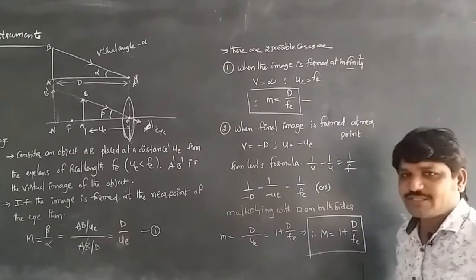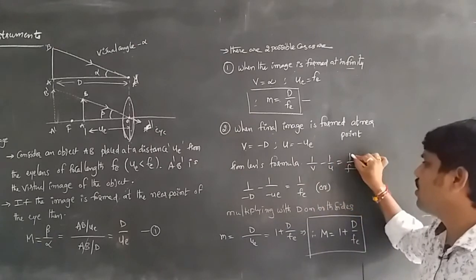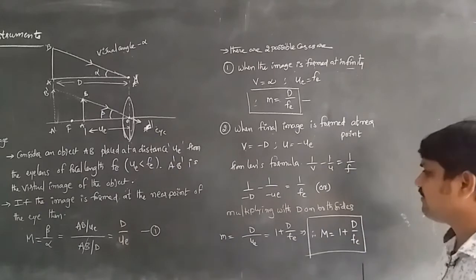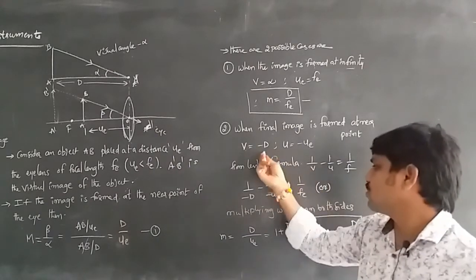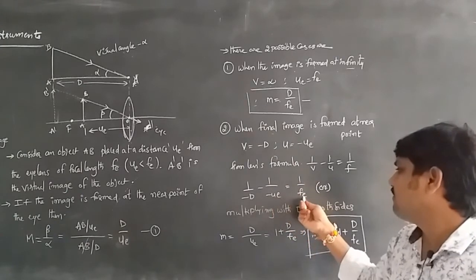From the lens formula, 1 by V minus 1 by U is equal to 1 by F. With V equal to minus D and U equal to minus UE, this is equal to 1 by FE.